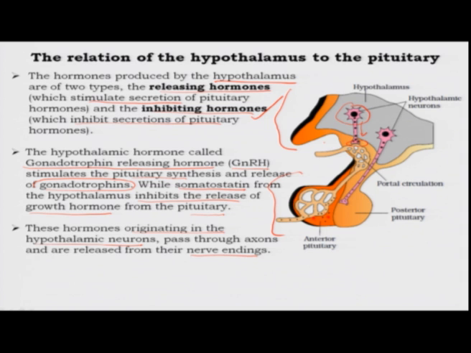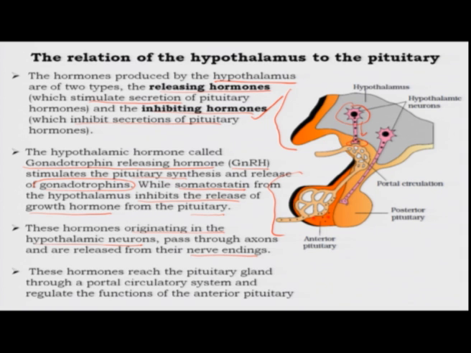And this is very close to certain blood vessels which are called the portal circulatory system. So, this portal circulatory system picks up these hormones and conveys them directly to the anterior pituitary, and most of these hormones are required for releasing the hormones in the anterior pituitary.